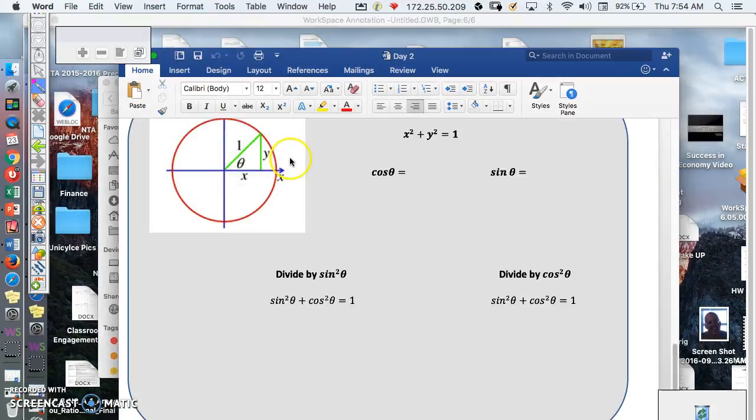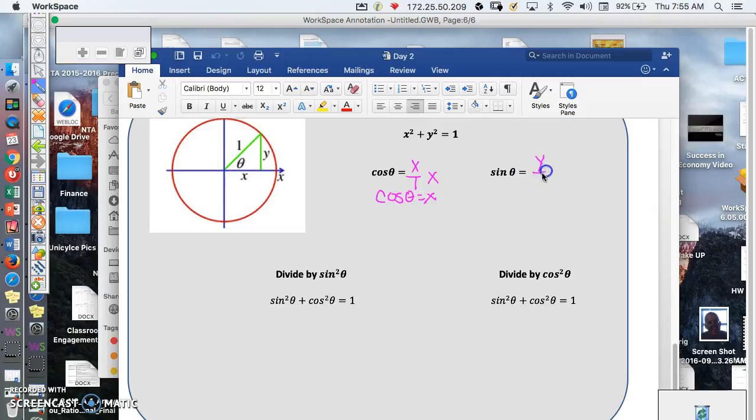So we know the Pythagorean theorem, a squared plus b squared equals c squared. So when we look at this, if we have an xy triangle in 1, we know x squared plus y squared equals 1 squared. Well, what do we know our cosine of theta is? X over 1 is x. So our cosine of theta equals x.